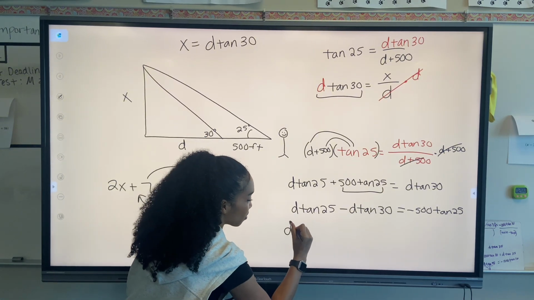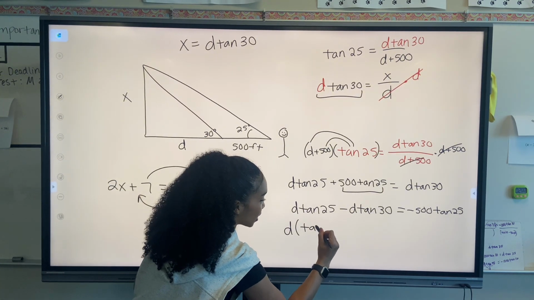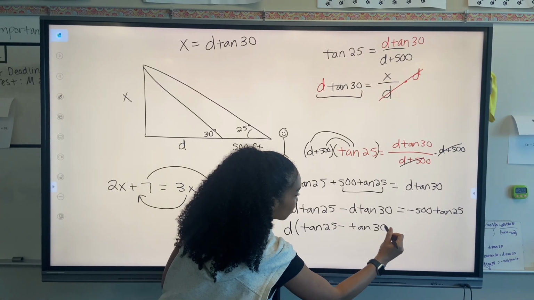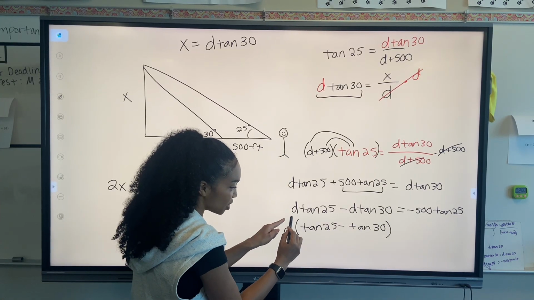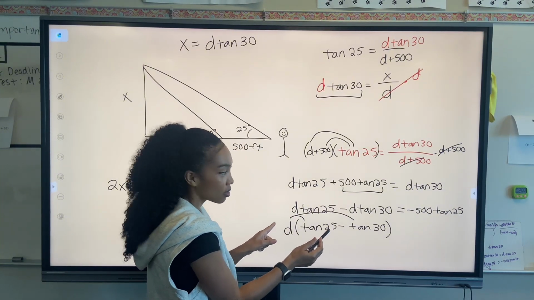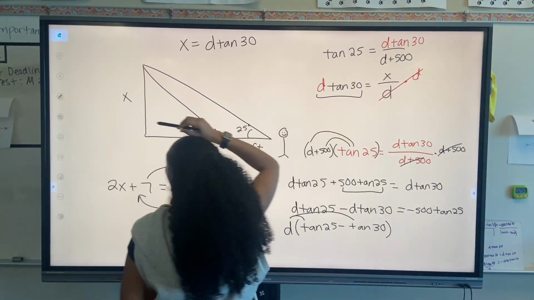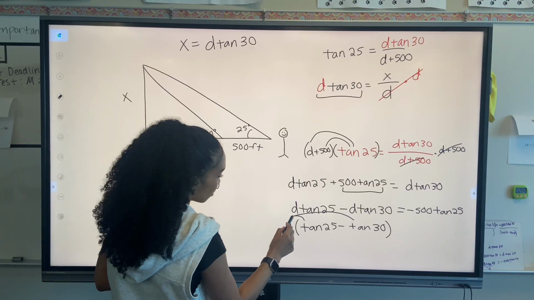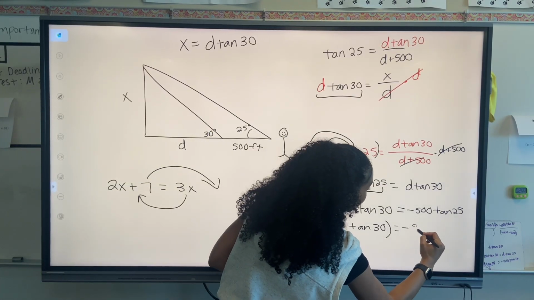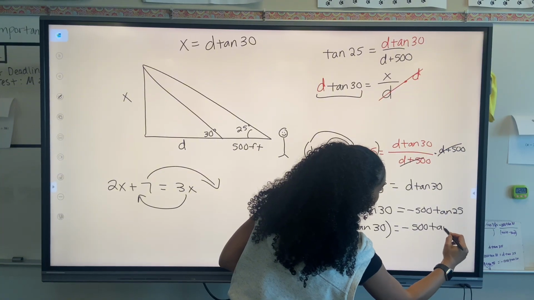That means d is on the outside, and I have tan 25 minus tan 30. Notice, I could easily distribute the d back in if I wanted to, okay? And this equals negative 500 tan 25.